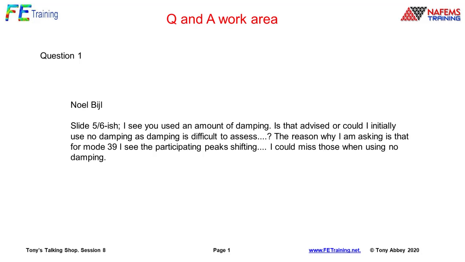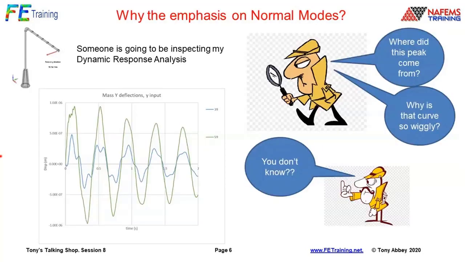The reason why I was asking for mode 39, I see the participating sheet peak shifting. I could miss that when using no damping. In a linear dynamic analysis, the frequencies won't change as a result of changing the damping level.